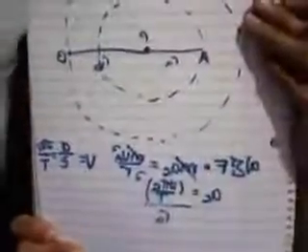So the centripetal acceleration, a sub c, is going to be equal to (2 pi r over t) squared divided by r. So that's what we have so far.